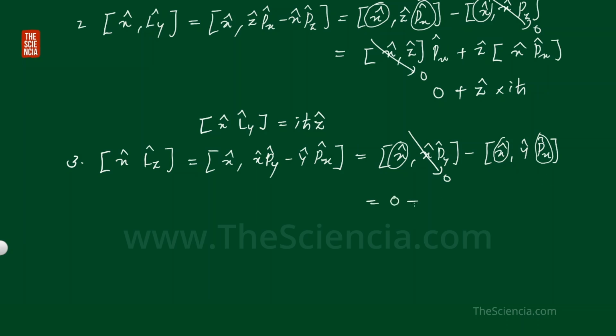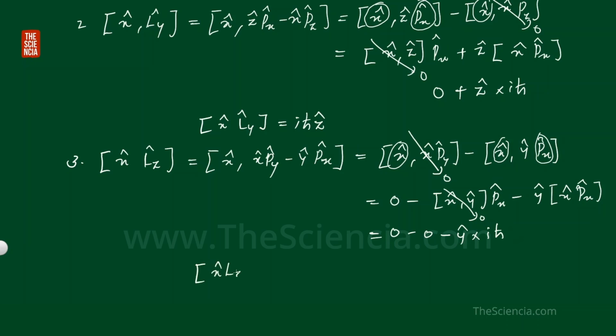That is 0 minus, again we can expand this function, that is x cap y cap into px cap minus y cap into x cap px cap. So this is equal to 0 minus, this term is also equal to 0 minus this term, that is y cap into [x, px], that is i h cross. So we got [x cap, L z cap] is equal to minus i h cross y cap.